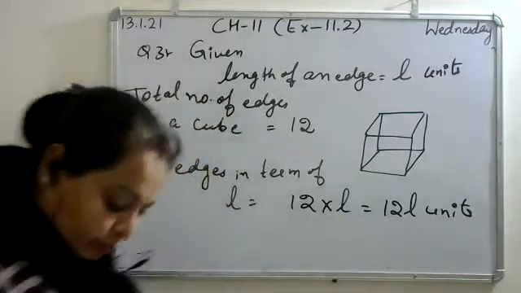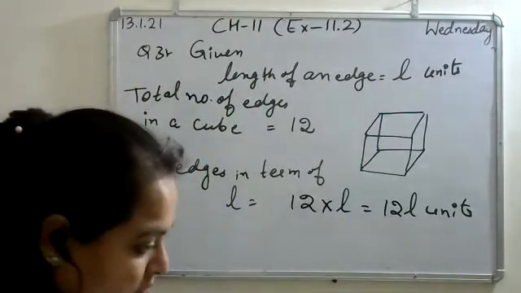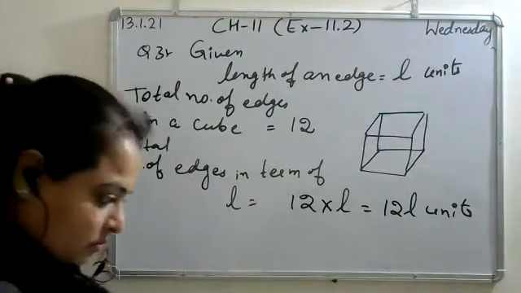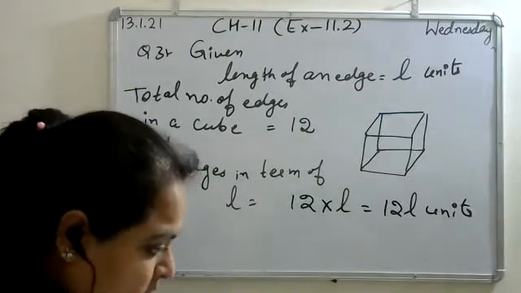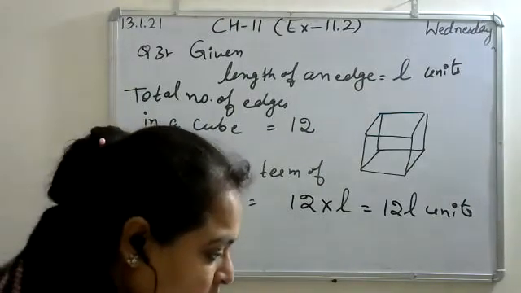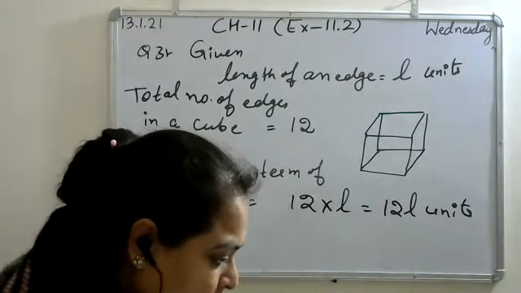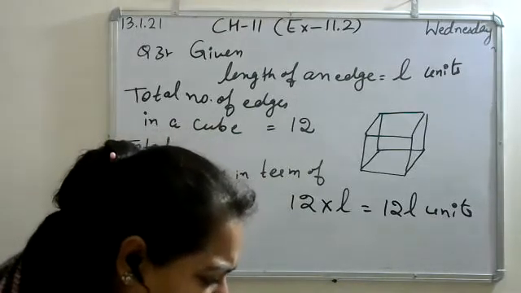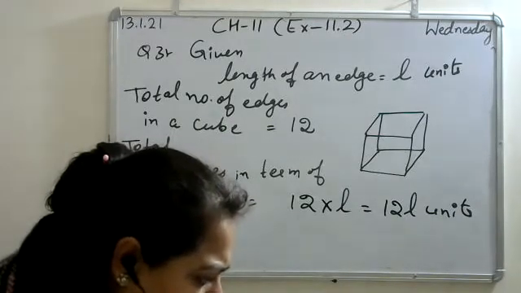Fine. Fourth question. Yes, Kashish. Kashish, unmute yourself. Who is from class 9th C, roll number 29? Write down your name in the chat box.